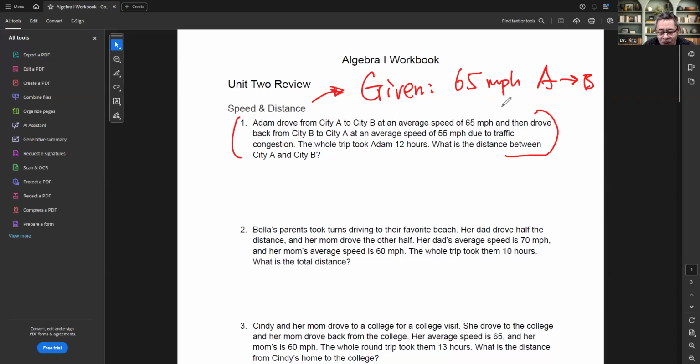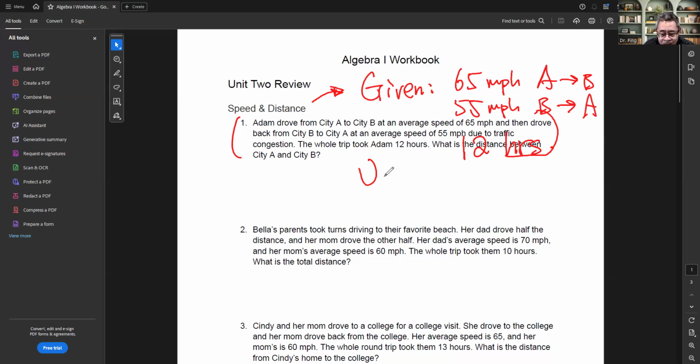So that's given, that's one. We also know that it's 55 miles per hour when they come from B to A. So you write those out. That will help you to understand it. And the entire trip is 12 hours. So that's what we know.